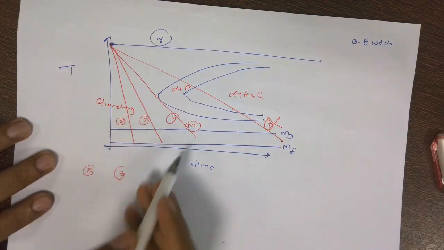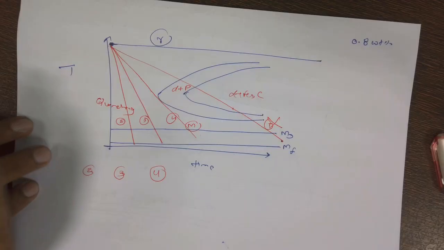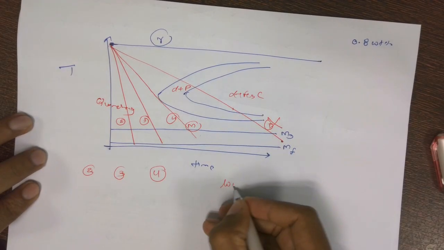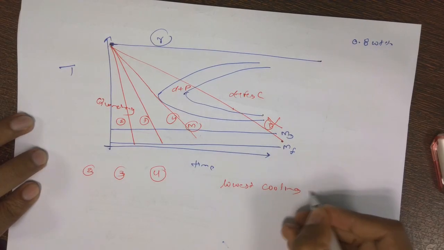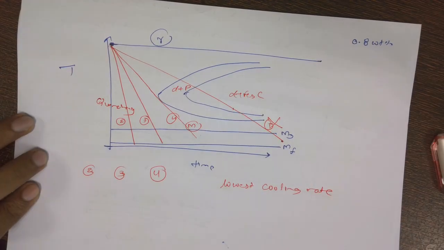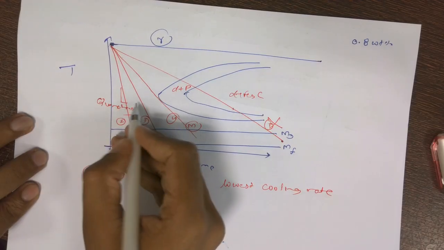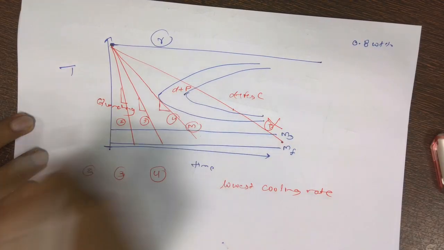Here the cooling rate is like this, here it is this, and this is the cooling rate over here. Which of them is having the lowest cooling rate? Lowest cooling rate means that it will take more time, right? For example, the first one took this much time, the second took this much time. So case 4 is taking more time, so it is slow.